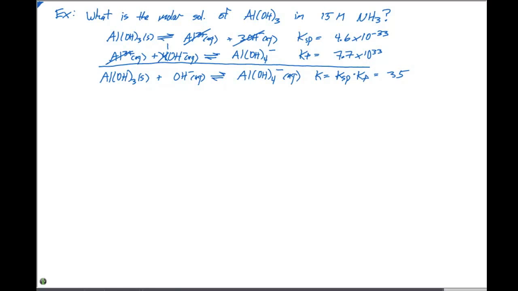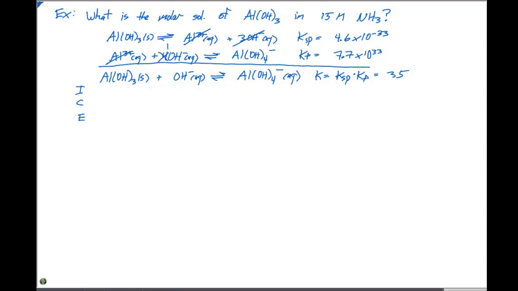A value of 35 is going to tell us that this equilibrium is going to lie to the right, or it's going to lie on the side of the complex ion formation. So now what we're set to do is take this overall expression that's happening in solution, we can set up an ice table, and we can go on our merry little way to solve this problem.